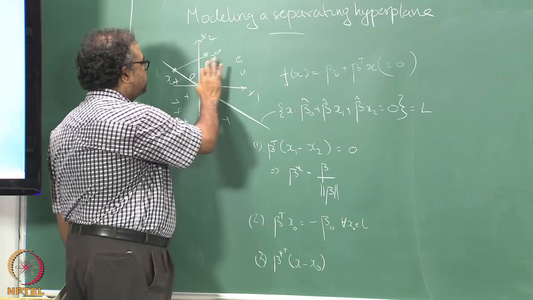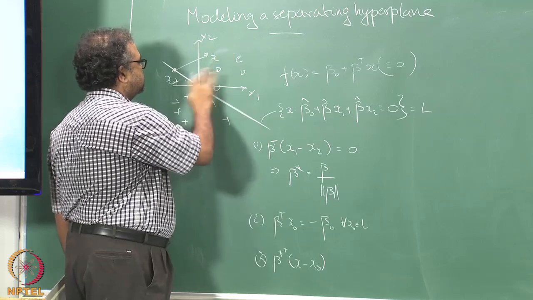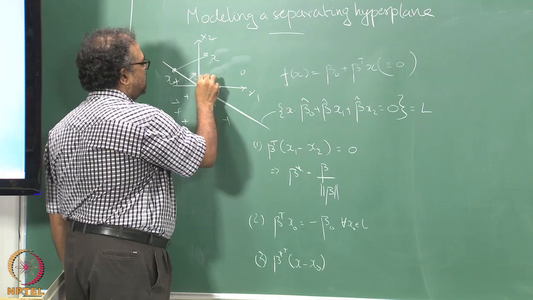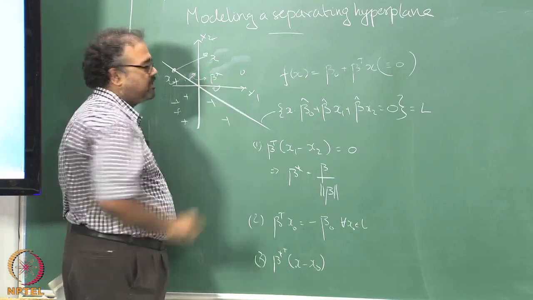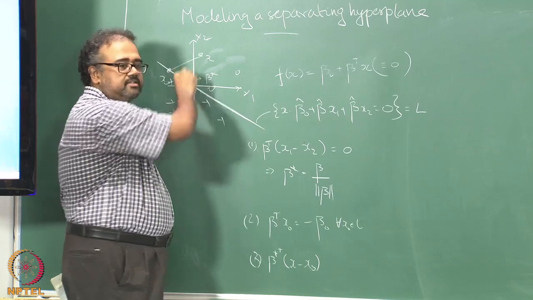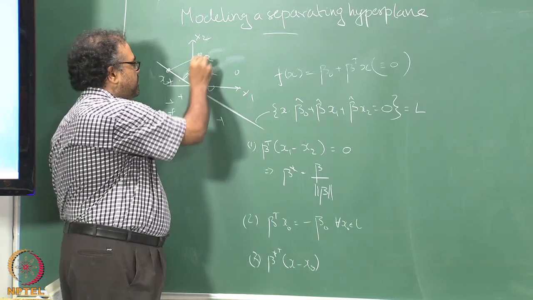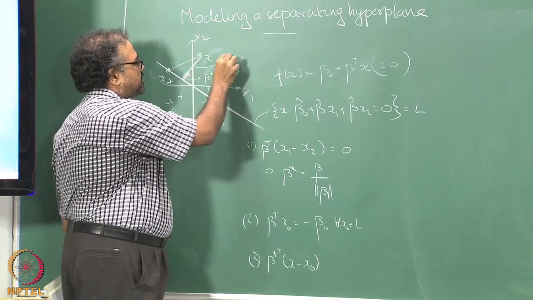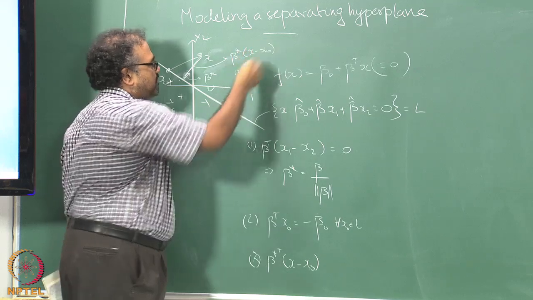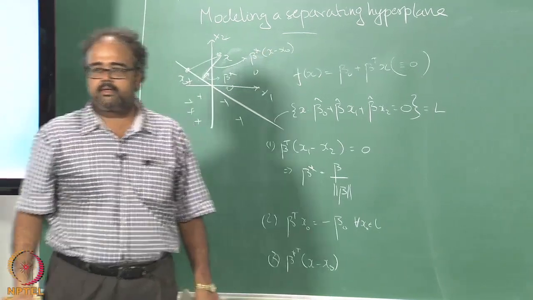Take some x, and this will be the direction of beta star. So this is essentially projecting that onto this direction.